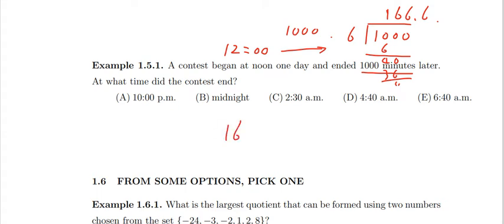We divide by 24, because 24 hours is 1 day. Then at what time did it end?